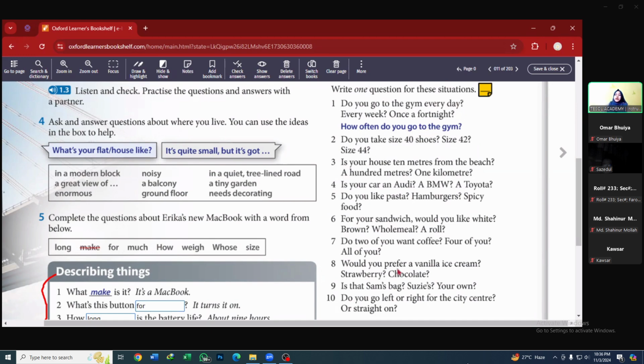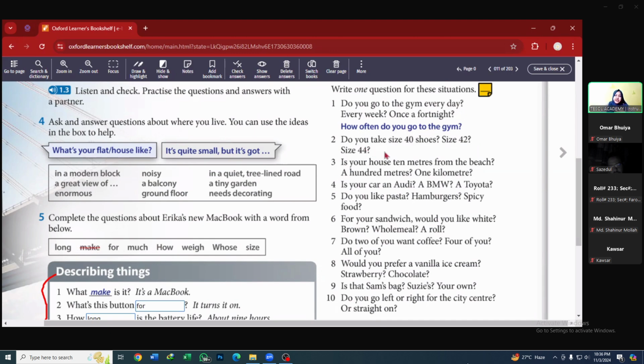For the next 9 numbers, there are at least 3 questions given in each. You have to understand the situation and form only one question according to the questions given here, so that you don't have to ask all 3 questions in that situation, but only one.